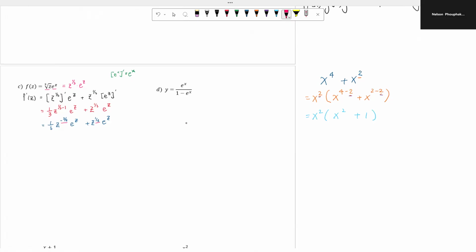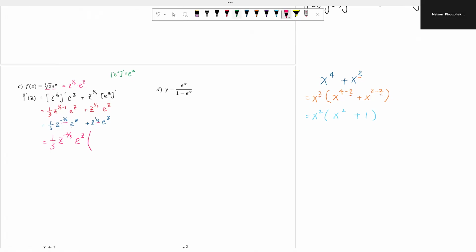So what I would like to do is take out z to the power of negative 2/3. And of course, for e to the z, we could take out e to the z. And now 1/3 is the fraction, we also take it out.